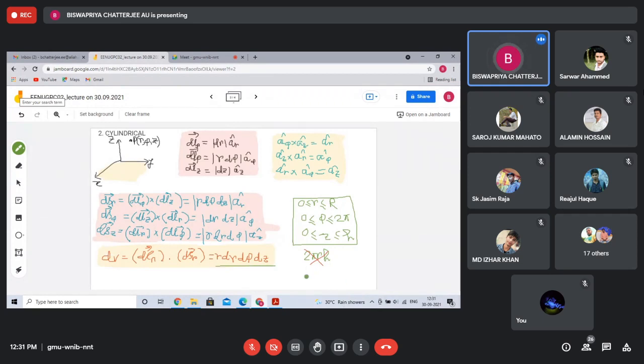The correct answer is pi r square h. Very shameful for you all, I must tell you. It is pi r square h.